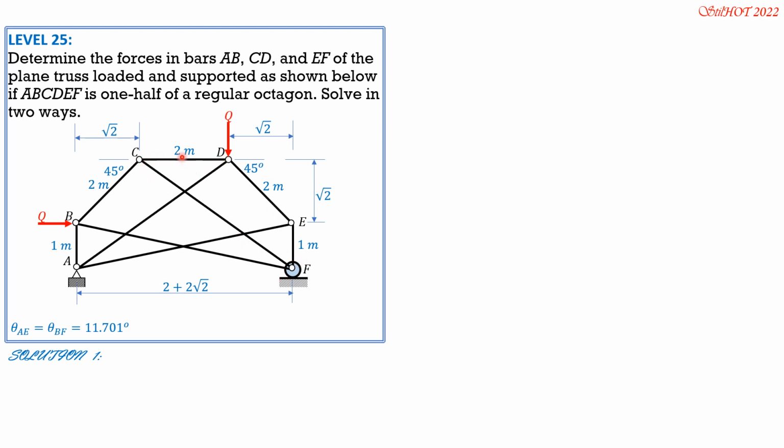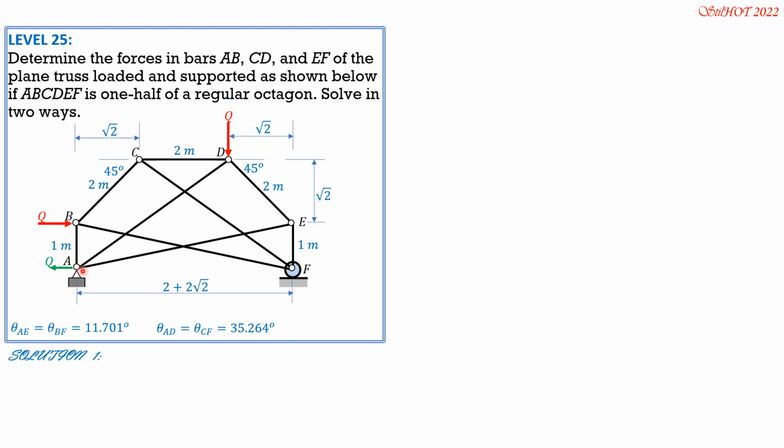It is equal to arctan of 1 plus square root of 2 divided by 2 plus square root of 2. You'll get 35.264 degrees.